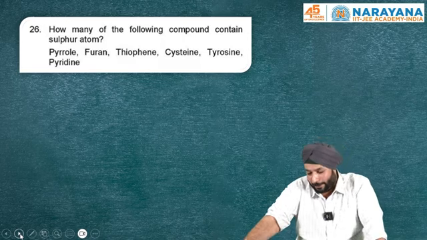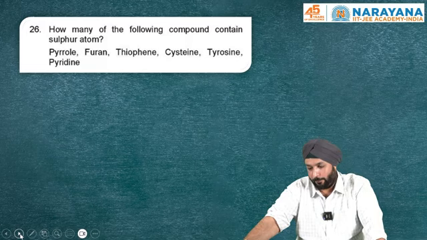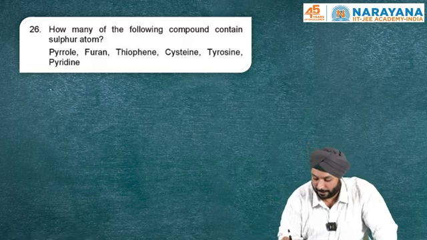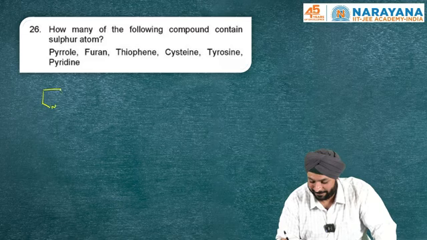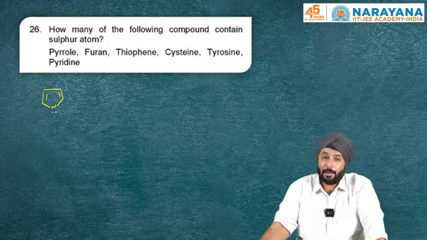How many of the following compounds contain a sulfur atom? Pyrrole, furan, thiophene, cysteine, tyrosine, and pyridine. Okay, pyrrole. This is our beloved pyrrole.